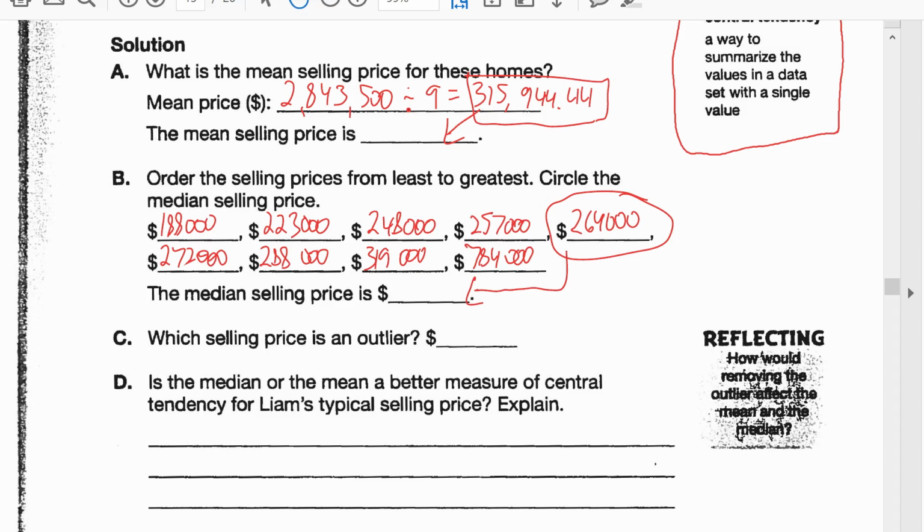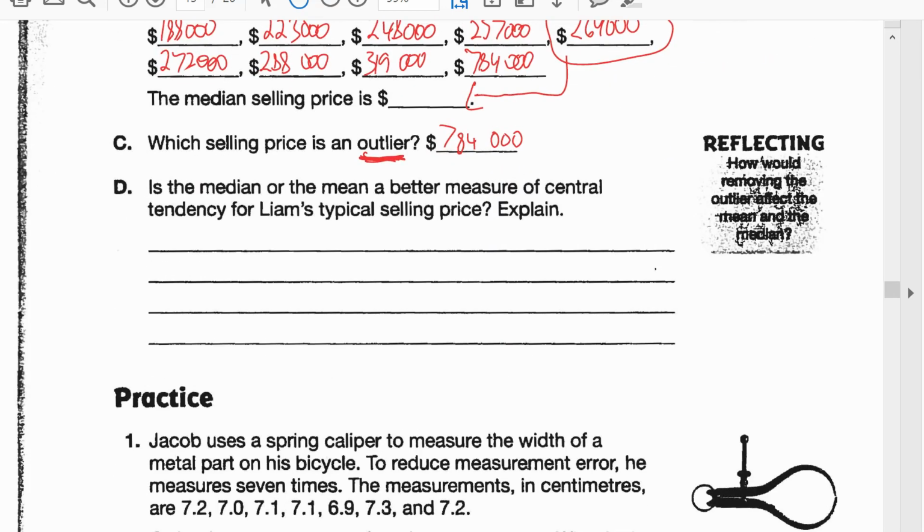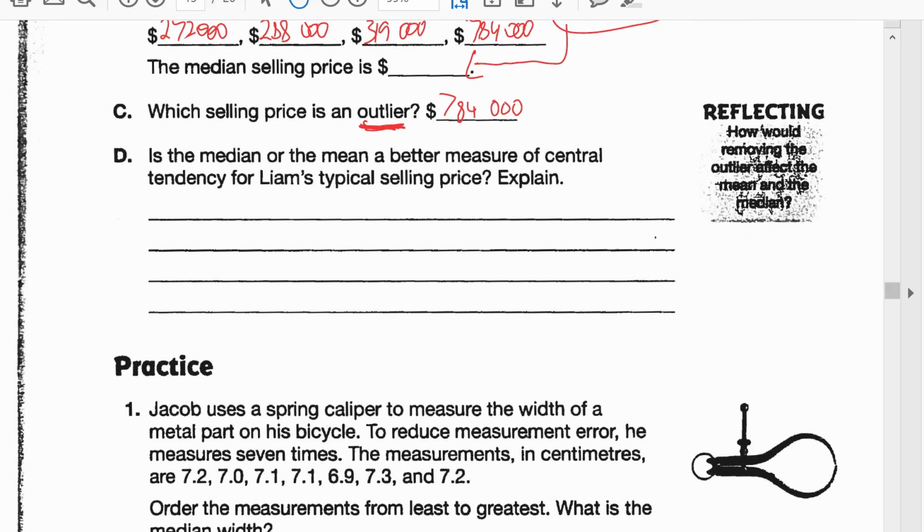What selling price is an outlier? If you remember from before, outliers are things that don't really fit because they're either too huge or too small. And the outlier would be the 784,000 because it's just massive. So is the median or mean a better measure of central tendency for Liam?